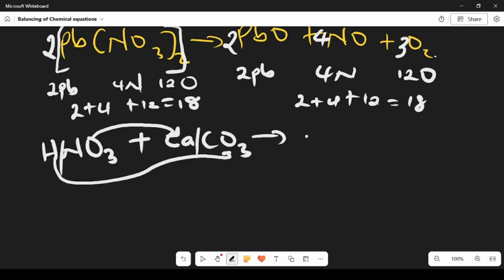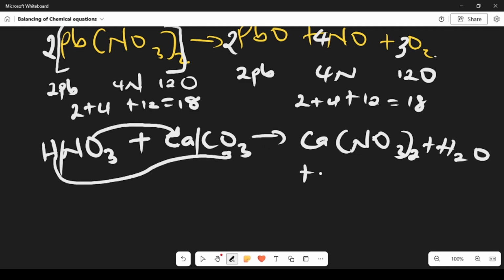Calcium will react with NO3 to form Ca(NO3)2 plus water, because when you have H remaining and carbonate ion, the compounds that will be formed will be water and carbon 4 oxide. Understood? All right. So let's continue.